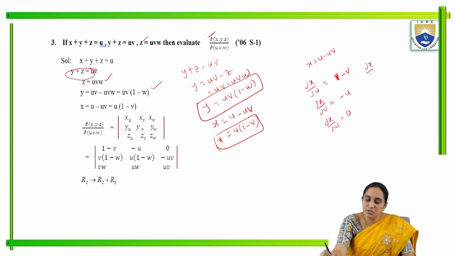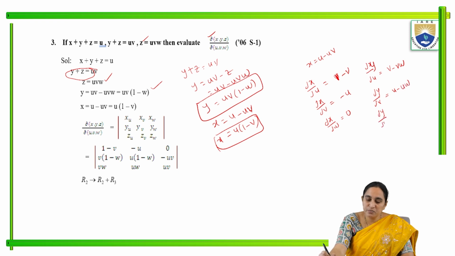Similarly, find y differentiation with respect to u. What about the function of y? y is uv into 1 minus w. With respect to u, that is v minus vw. And next, y differentiation with respect to v is u minus uw.